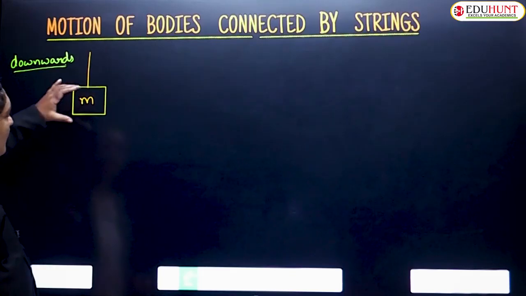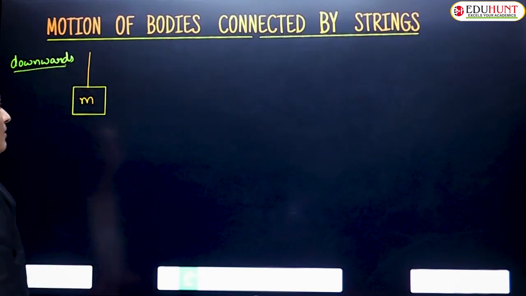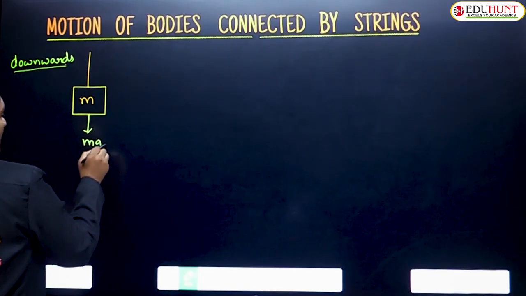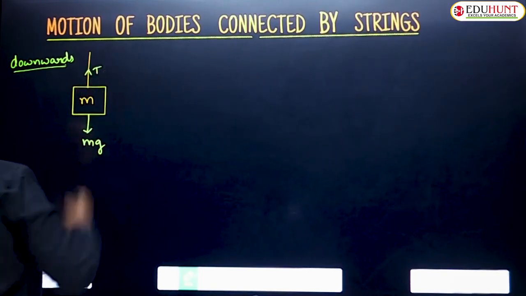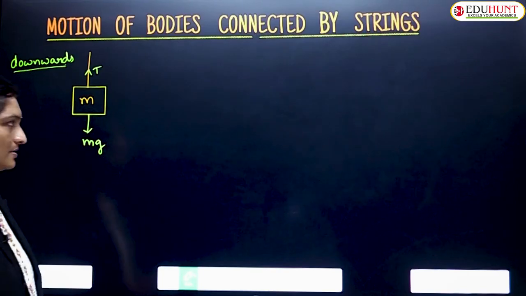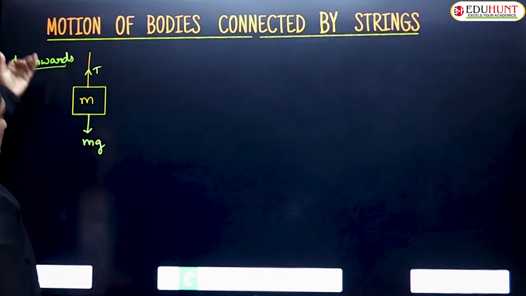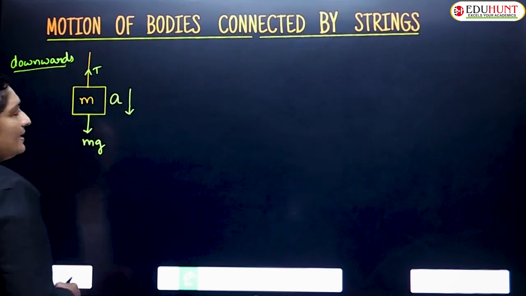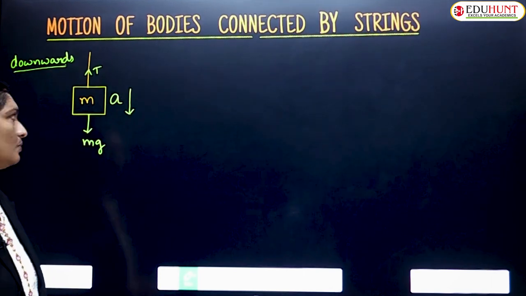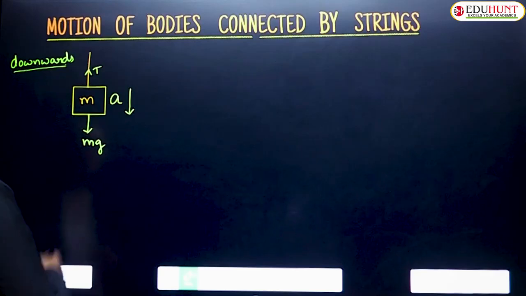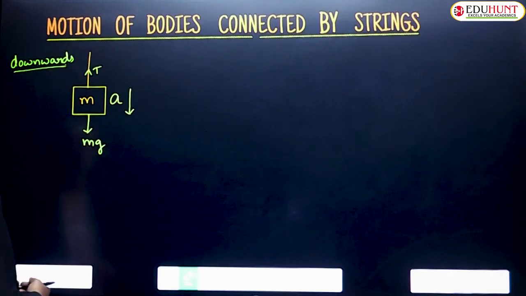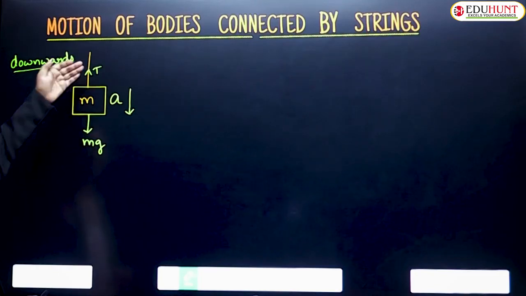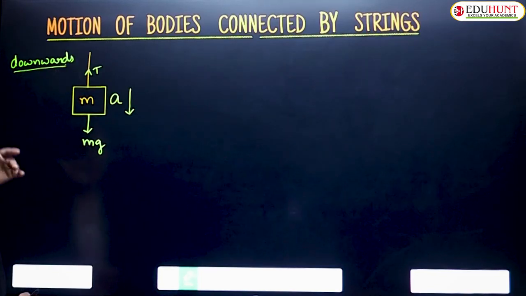Clearly, whenever an object is hung with the help of a string, its weight must be acting downwards and the tension T must be acting in the string as usual. As I said, the body is set into motion in the downward direction, hence it is accelerating downwards. Now, writing the free body diagram and its equations, the downward force is more than the upward force, that is tension.